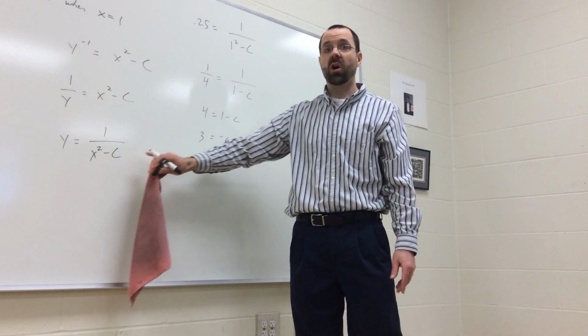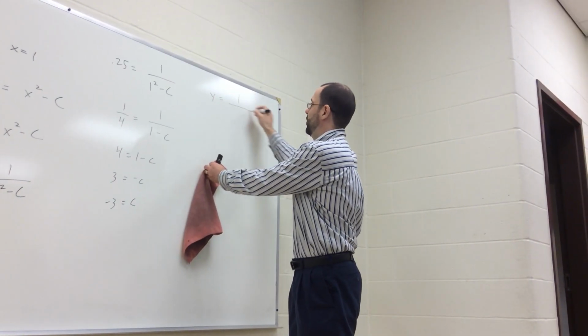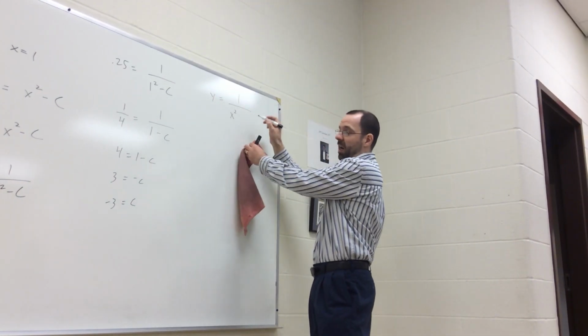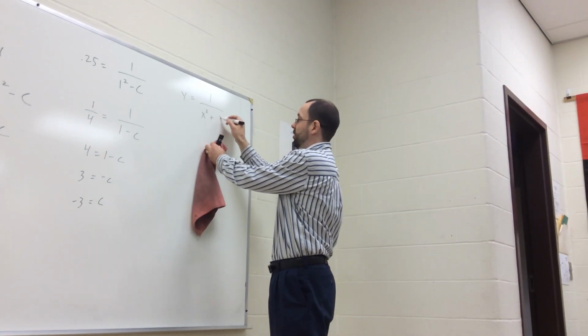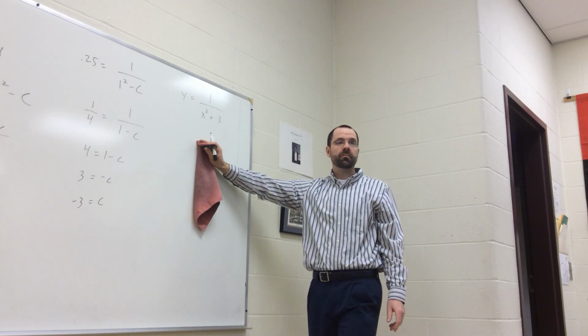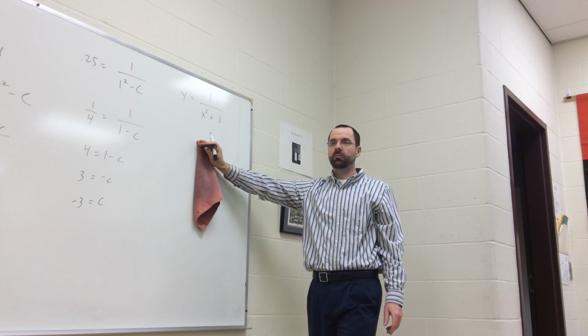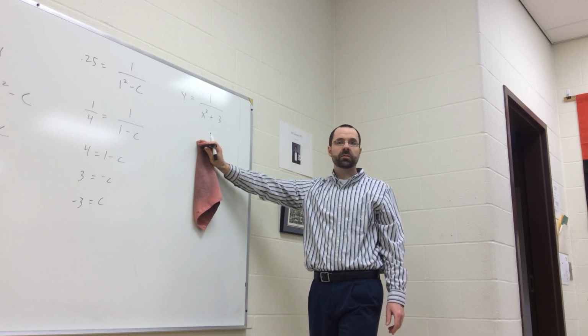So final answer is y equals 1 over x squared minus -3, so plus 3. Everybody good?